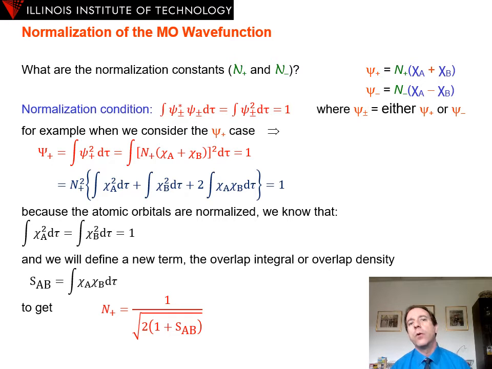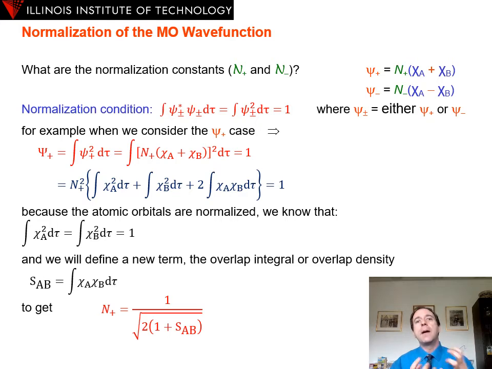I thought these were orthonormal functions. Shouldn't it just go to 0? And the answer to that is no. Orthonormal only works if you're looking at wave functions that are centered on a single atom. Here we have two wave functions on two different atoms that are overlapping with each other.